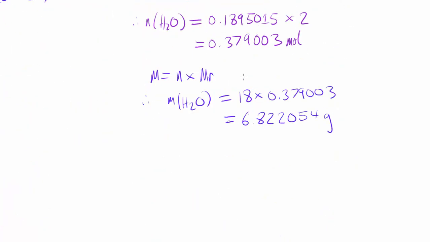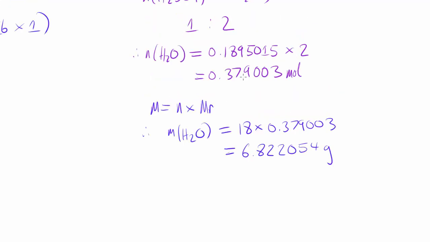So the mass of H₂O is actually going to be equal to 6.82 grams after rounding to 2 decimal places. And this would be our answer.